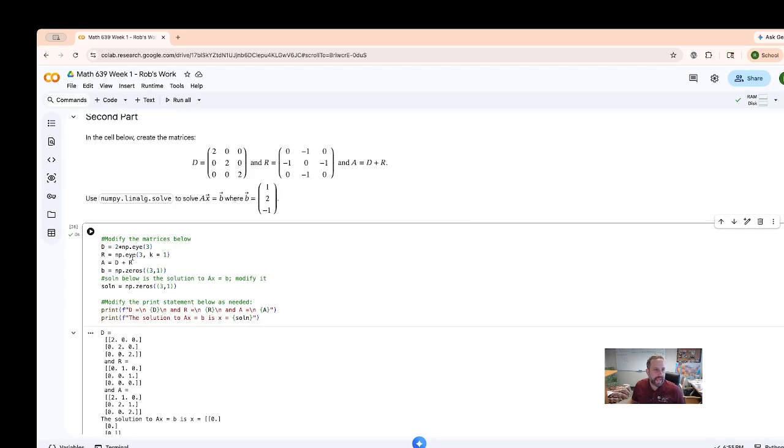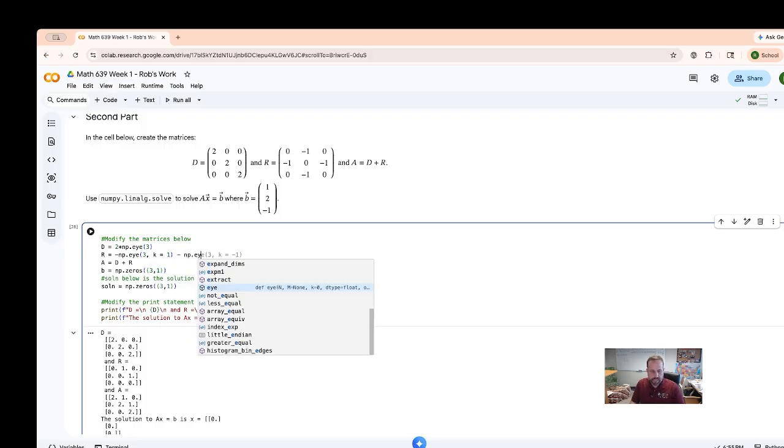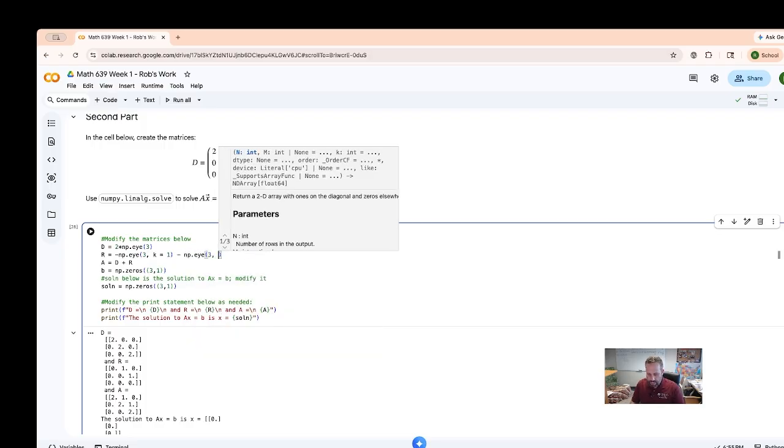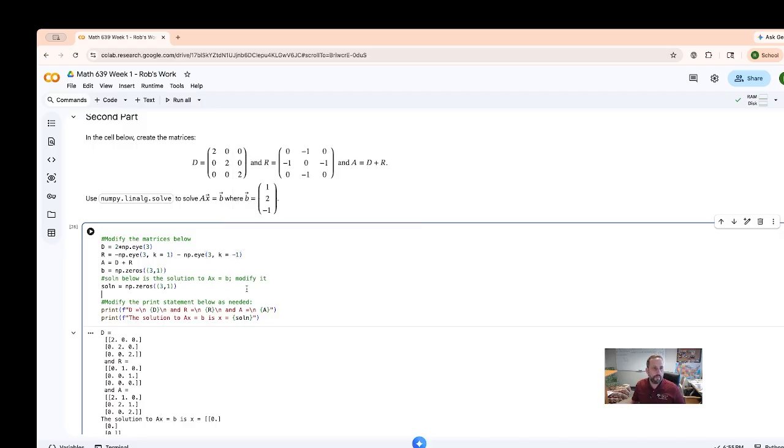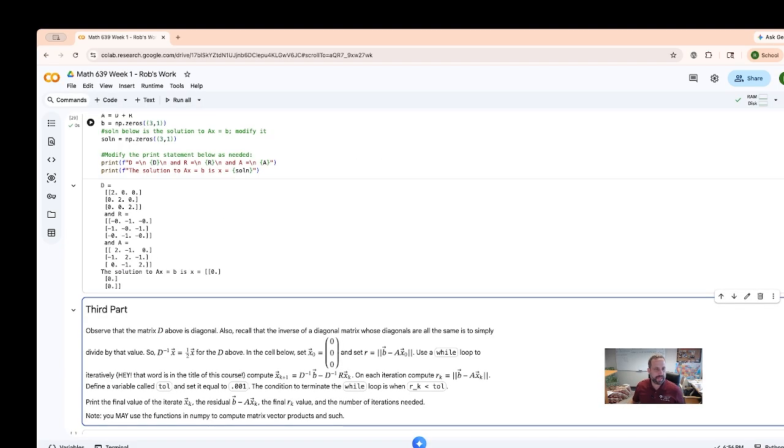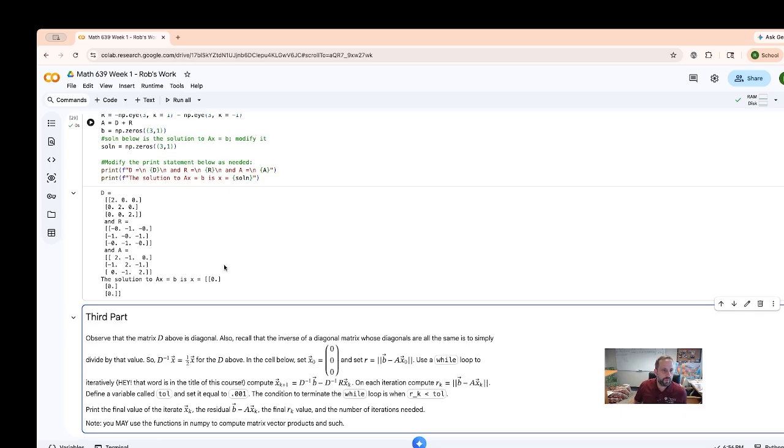But we actually have a -1 there, so we're going to do -1 times that, and then minus np.eye 3 with k equal to -1. Negative 1 is the diagonal below the main diagonal. So this gives us R, and now A is exactly what we need it to be.